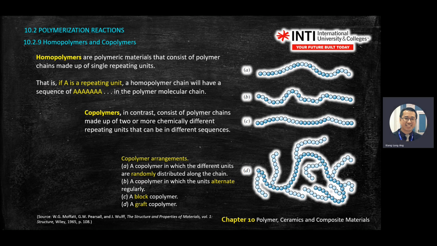You just draw circle, circle, circle, circle like that. You just need to draw 5 or 6. Then you explain what is homopolymer. Then when you explain copolymer, you divide into these four types of copolymer. Then you draw. You don't need to draw a complete one. You just need to highlight the differences between the 4. Okay.